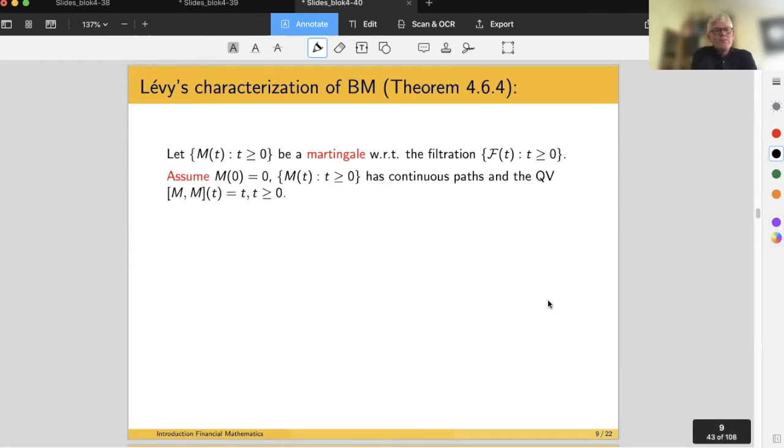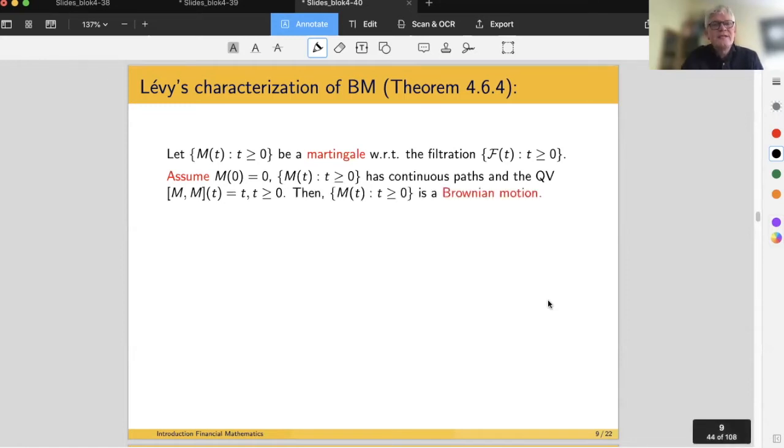Now assume that M_0 is equal to 0 and assume that M_t has continuous paths, and moreover assume that the quadratic variation of M is equal to t, t greater equal to 0. So it has quadratic variation t, just like in the case of a Brownian motion.